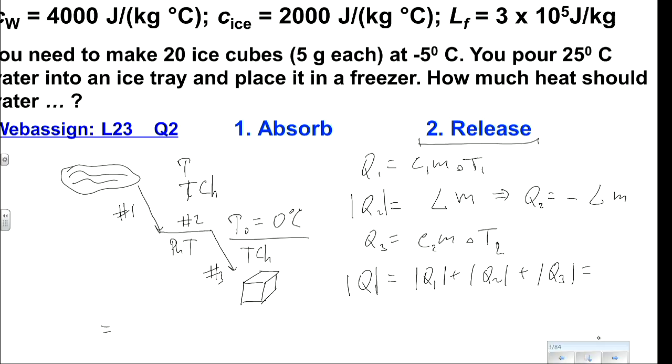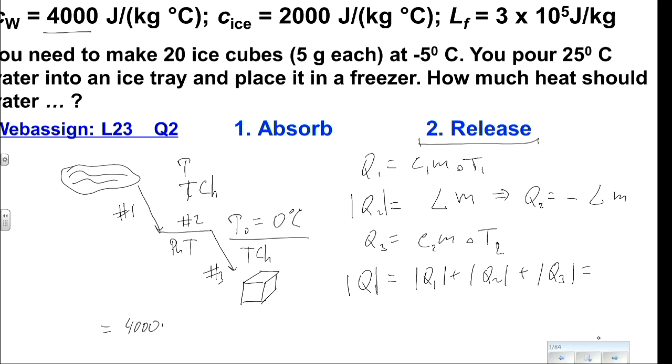This is how much heat it loses all the way through this process, and the amount of substance, the mass, of course, stays the same. Same amount of water, same amount of ice. So we can start plugging numbers in. First process is related to water, so we got to use this number for specific heat.